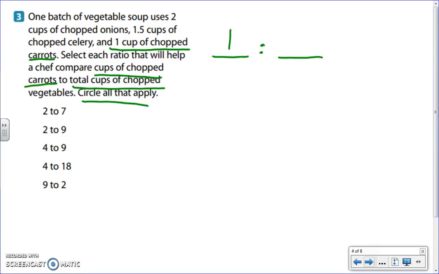We have 2 cups of onions, 1.5 of celery, so 2 plus 1.5, and we also have to include the 1 because carrots are still vegetables. All 3 of them are vegetables, so we have a part to whole. 2 plus 1.5 plus 1 makes 4.5. So we have 1 to 4.5 right now.